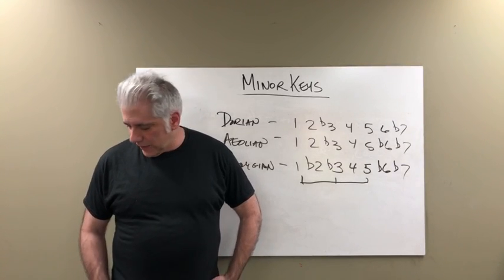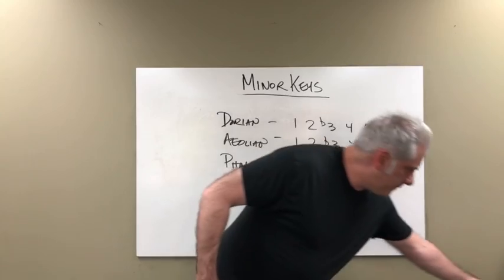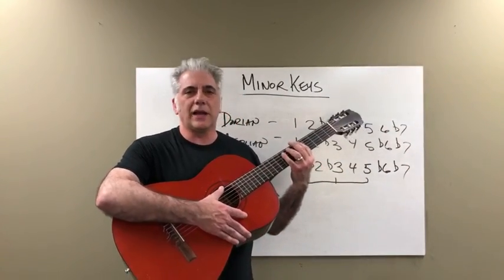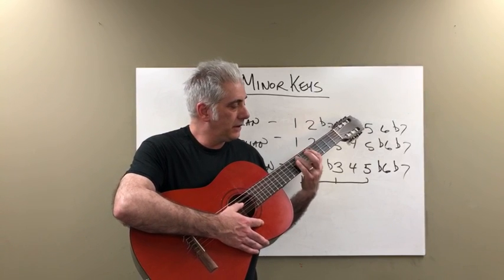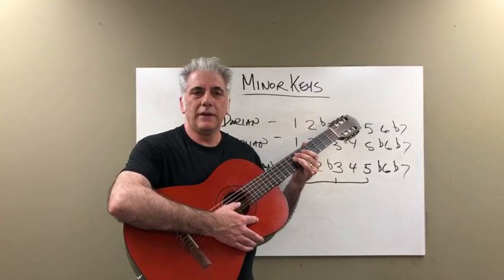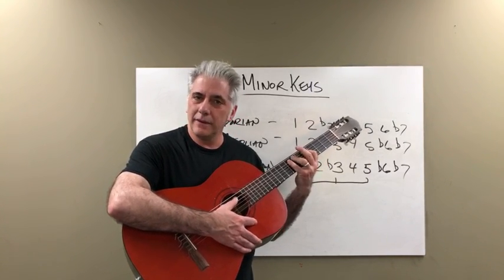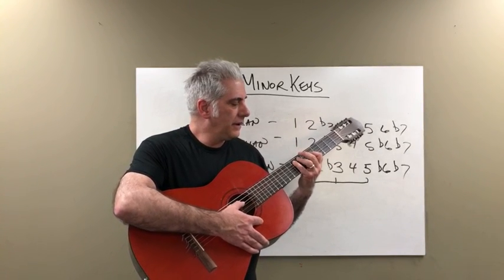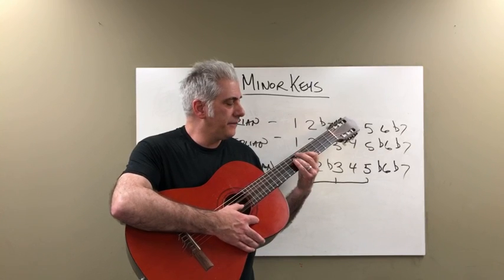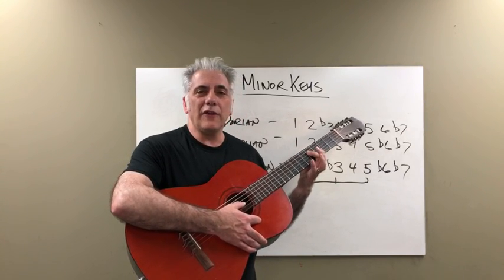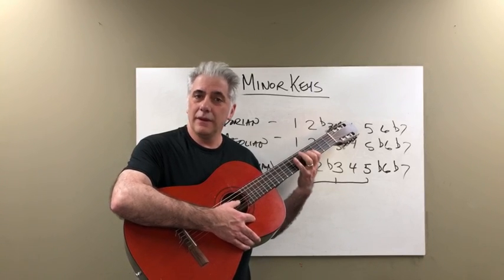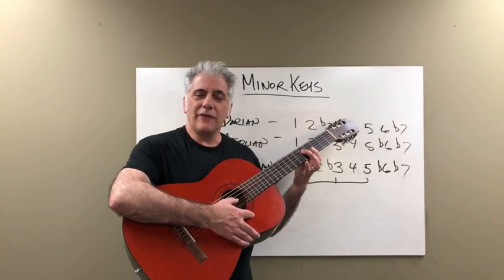One of the reasons is that on the way up, you're moving towards the tonic, right? So if I'm in A melodic minor, then on the way down, since I'm moving away from the tonic, I have the flat 7.